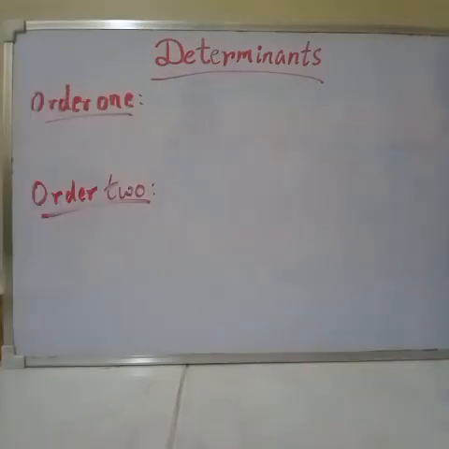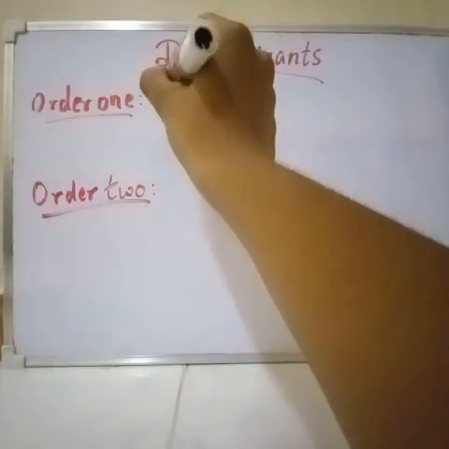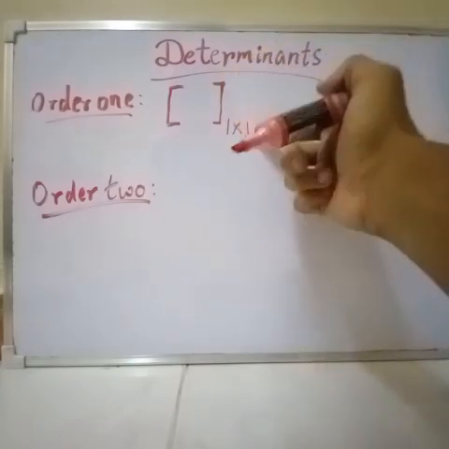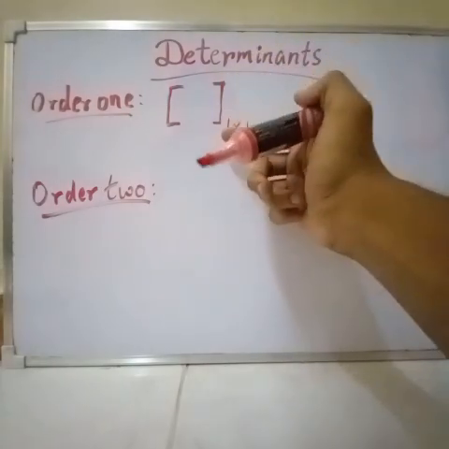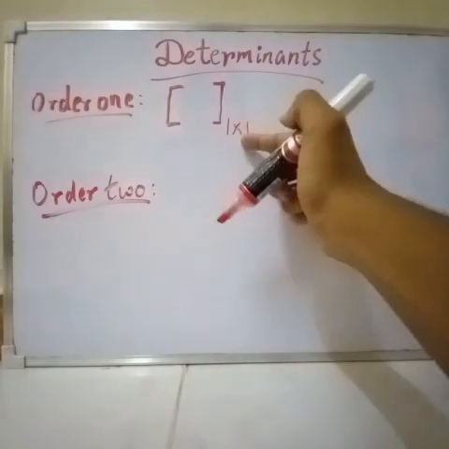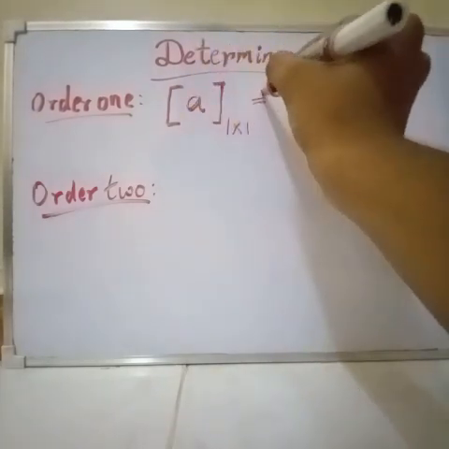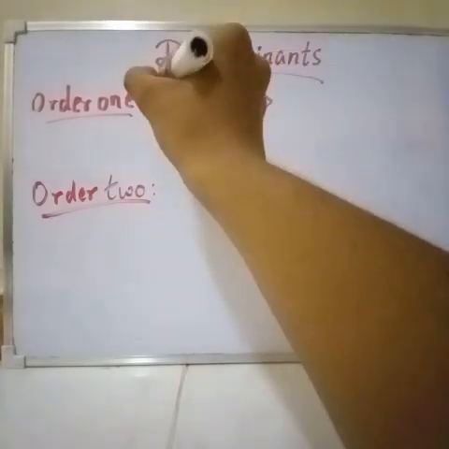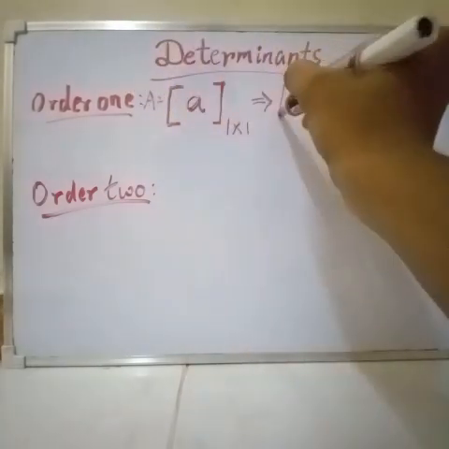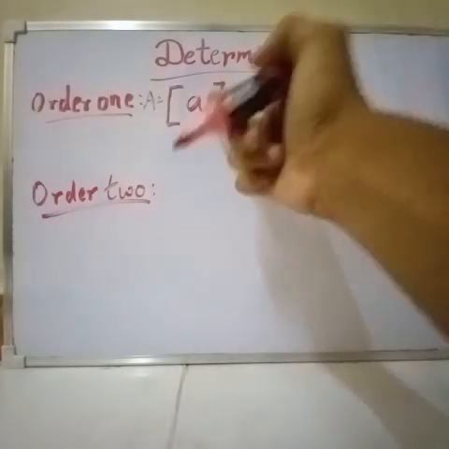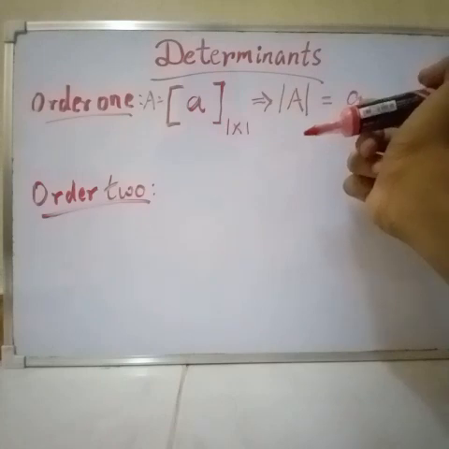So first let's see how to find the determinant of a first order matrix. First order matrix means it has the order 1 by 1, because this is a square matrix. So a square matrix of first order means 1 by 1 order, so it has only one element. The determinant of this matrix, let's assume it to be A, will be equal to the element inside, that is the element a, small a.